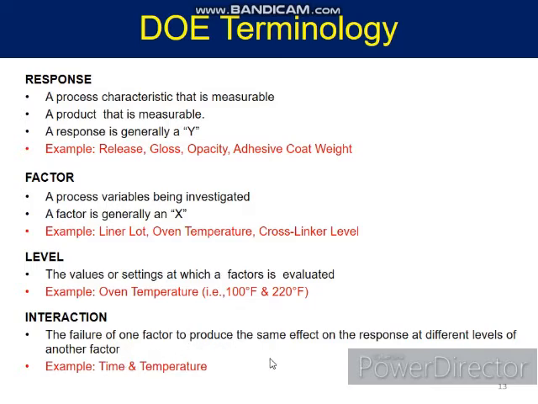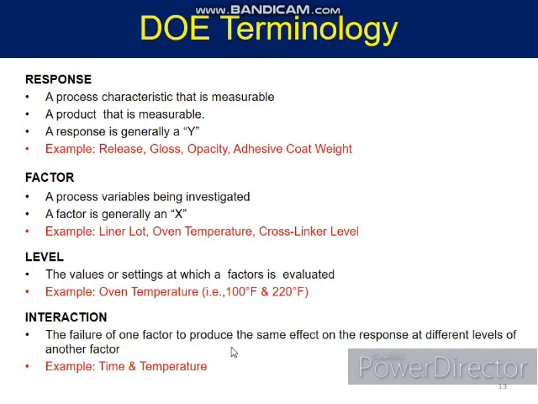So interaction is looking at two factors. If there exist interactions between two factors, then this will happen: the failure of one factor to produce the same effect on the response at different levels of another factor.